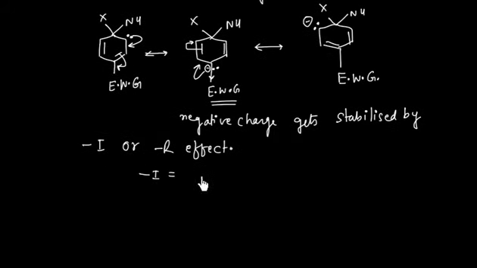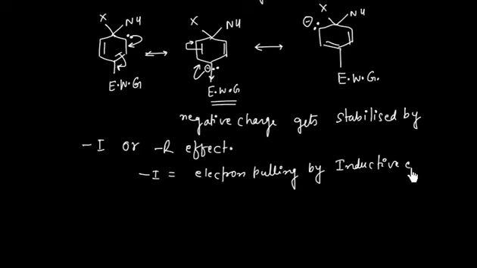Minus I means electron pulling by inductive effect, and minus R means electron pulling by resonance effect.